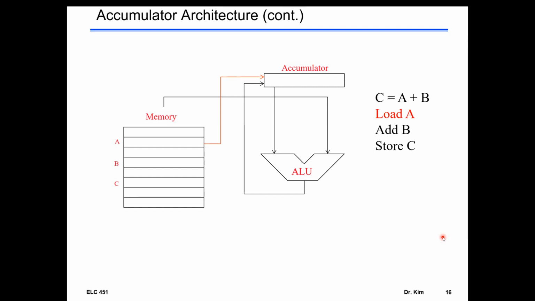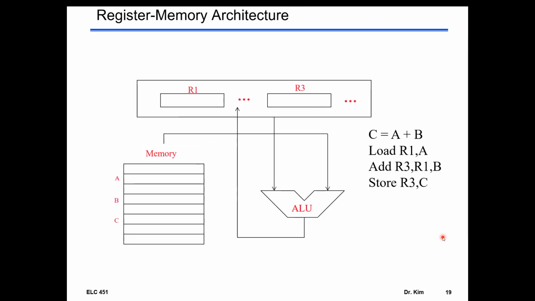We're going to add B. So here we're adding the contents of memory location B to the contents of the accumulator and putting the result in the accumulator. And then we store the contents of the accumulator in memory location C. That's the accumulator approach.